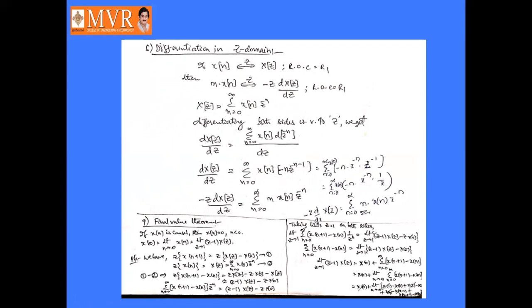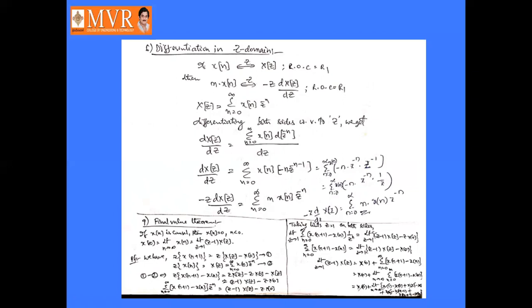So x of z is sigma n equal 0 to infinity x of n into z power minus n. Now differentiating both sides with respect to z, we get d by dz of x of z is equal to sigma n equal 0 to infinity x of n into d by dz of z power minus n. Then d by dz of x of z is equal to sigma n equal 0 to infinity x of n into minus n into z power minus n minus 1.